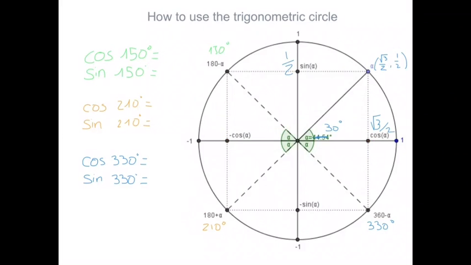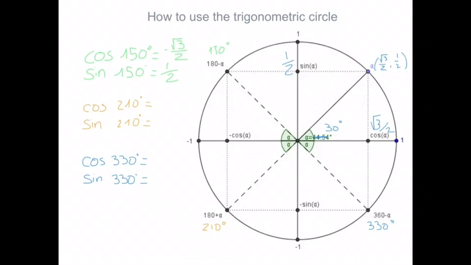So this is what we can say, that the cosine of 150 is minus square root of 3 over 2. If we then have to look at the sine of 150, the sine is read at the y-coordinate of this point, so you see it's going to be exactly the same thing as the sine of 30 degrees. So this is why here we can say that the sine of 150 is going to be half.